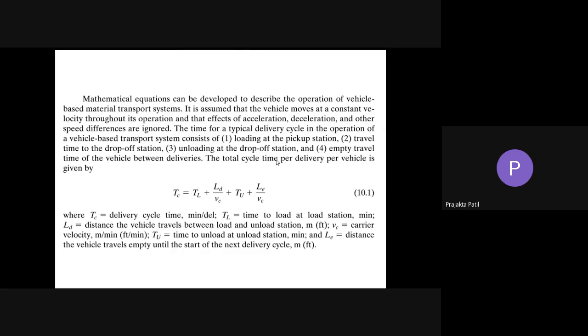LE is the empty travel, that is the distance the vehicle travels empty until the start of the next delivery cycle. Again, that is measured in meters. And VC again is nothing but the carrier velocity, which is going to be constant.